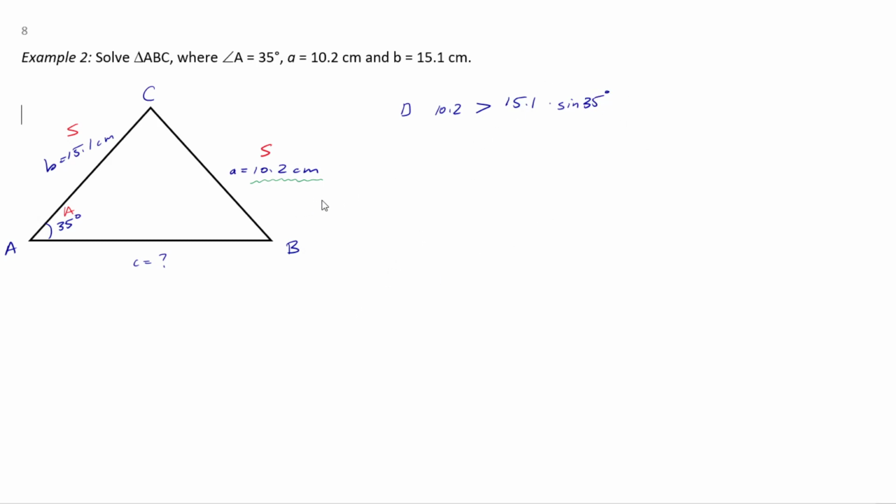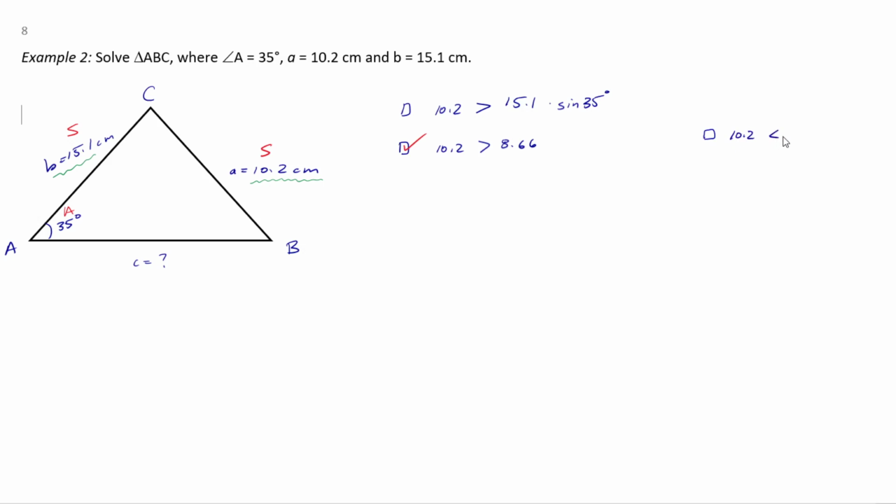So the opposite side right here, is that greater than the other given side times the sine of the angle provided? Putting this into our calculator, 10.2 is in fact greater than 15.1 times sine 35. The other thing we need to check is, is the side opposite to the angle less than the other given side? That's the other check we need to do.